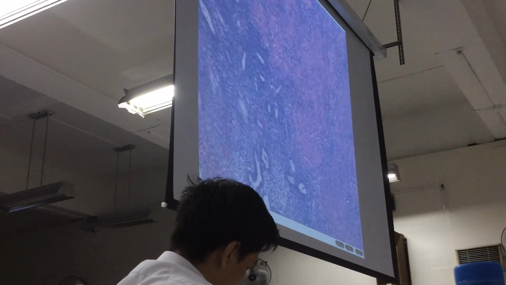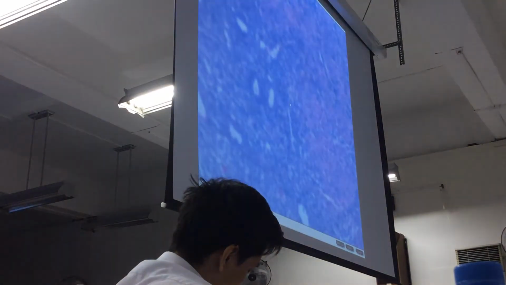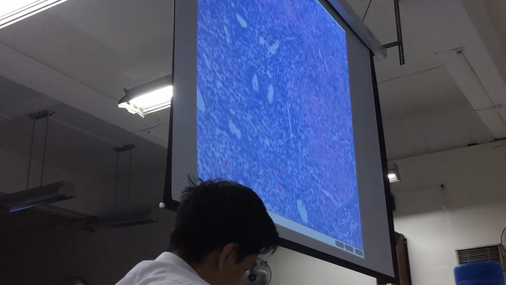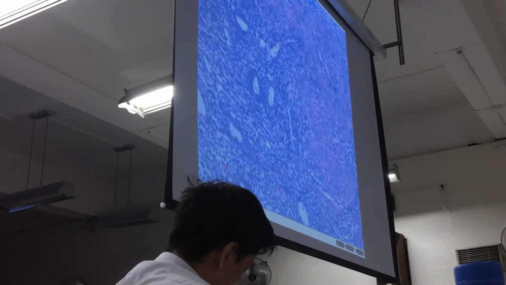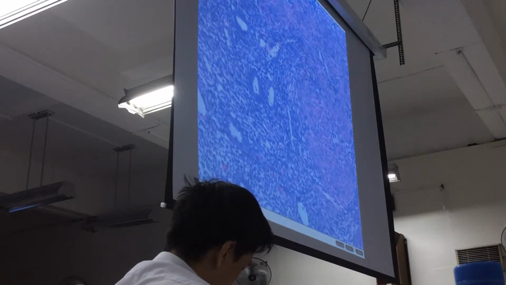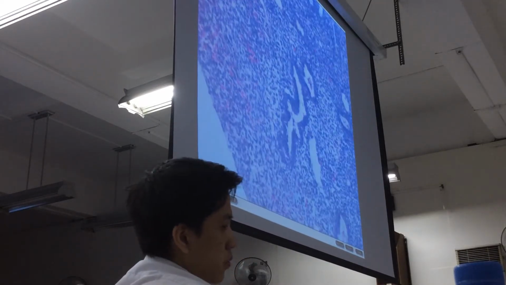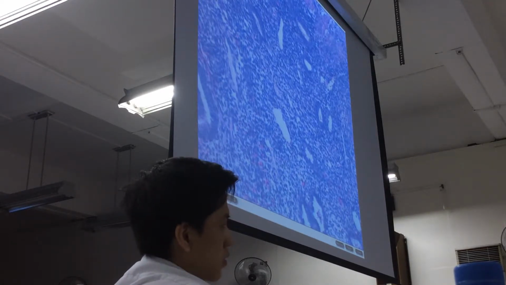The myometrium is made up of smooth muscles and the endometrium. In the endometrium, you have two layers. Remember histology. The part which is in close approximation with the myometrium is called the basal endometrium.